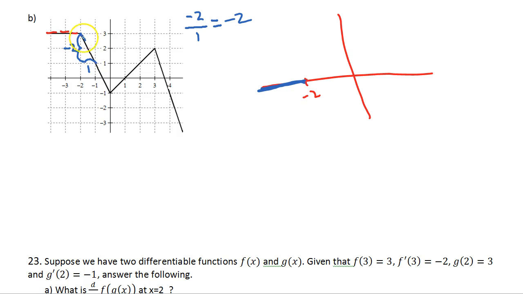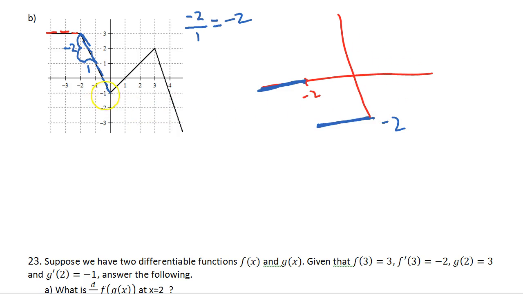So the slope of this line here is -2 and it's not changing. If you drew the tangent line as you're going here, it's all the same line, and the slope is always -2. So here's -2, and it maintains this -2.